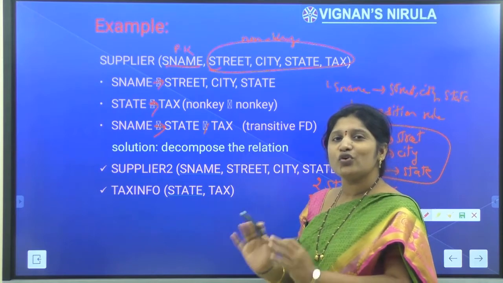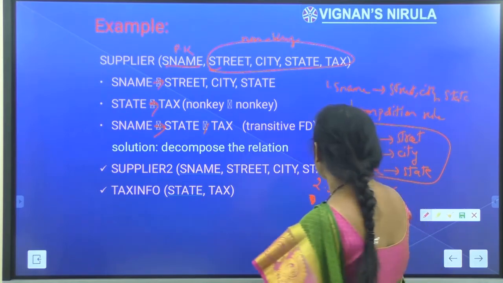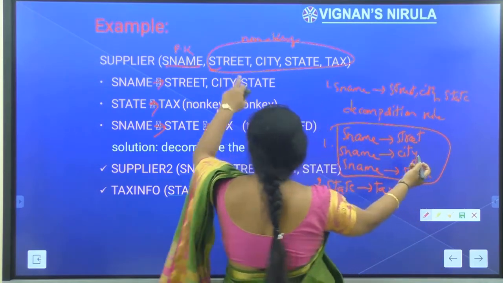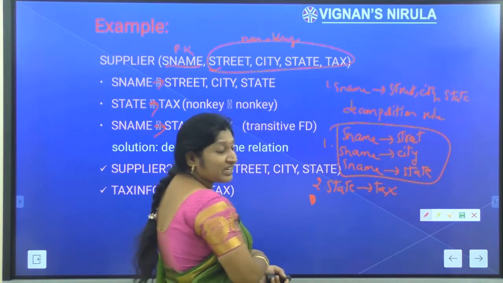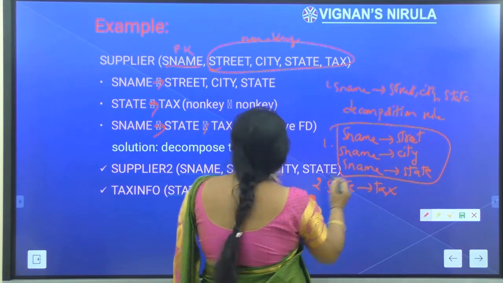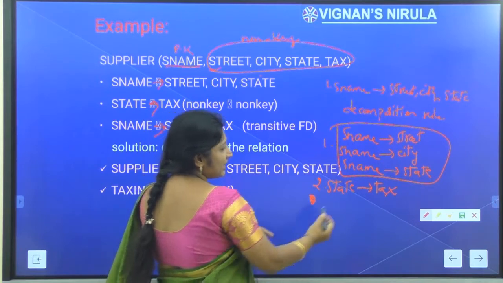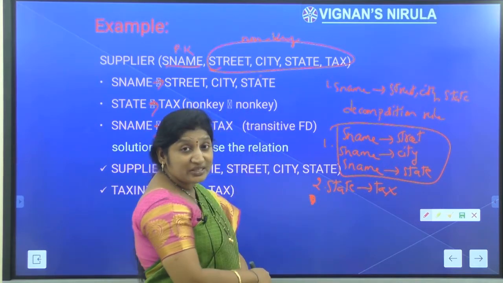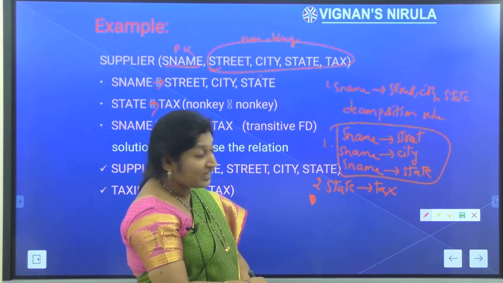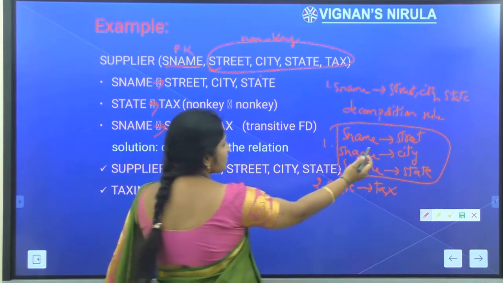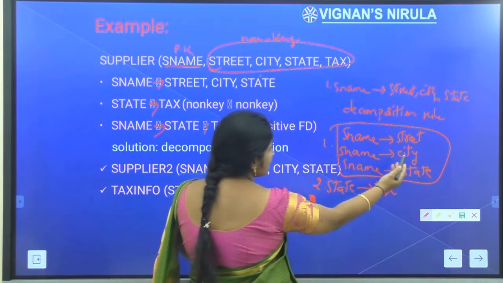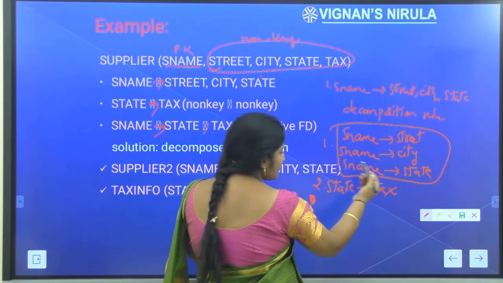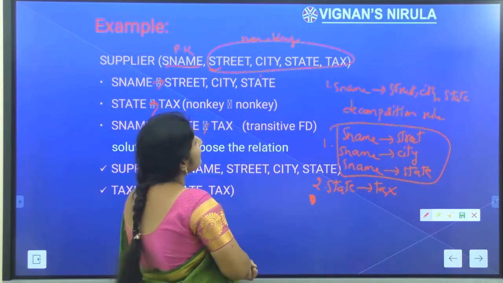There exist no non-key to non-key relationships. So street is a non-key dependent on S name directly. City is a non-key dependent on S name directly. State is a non-key dependent on S name, that is the primary key, directly.